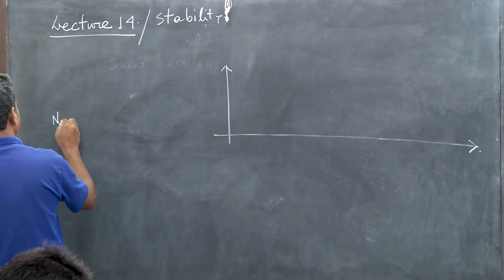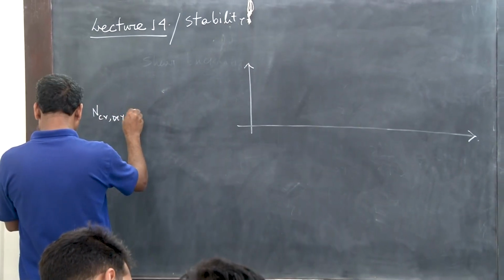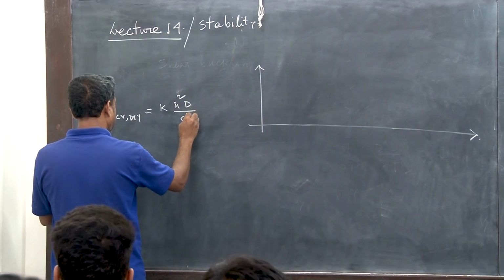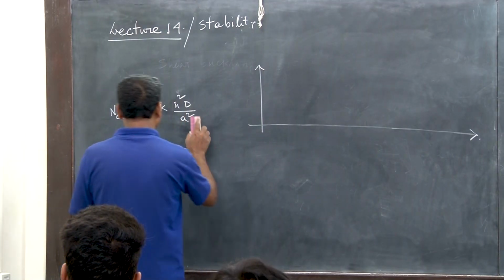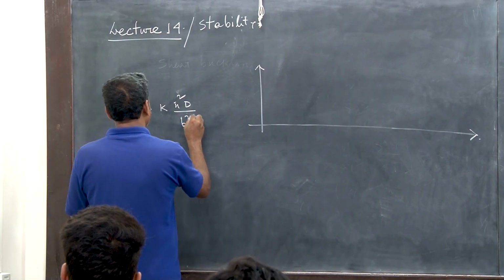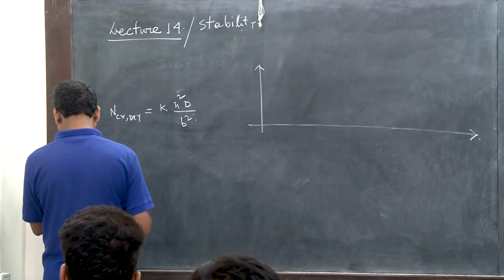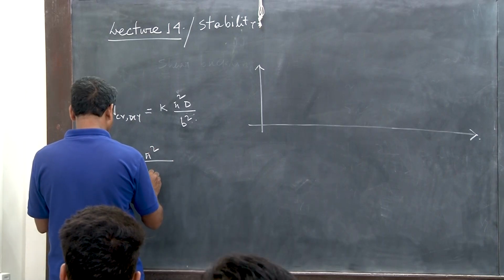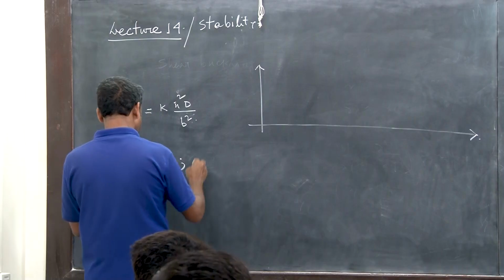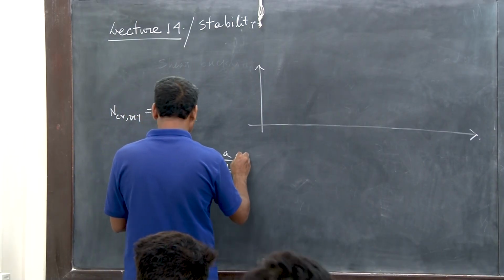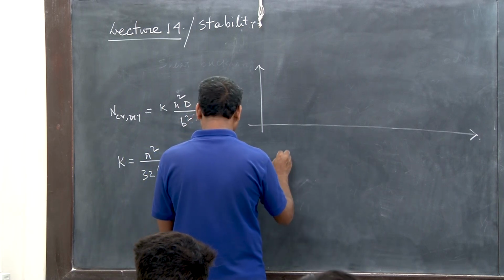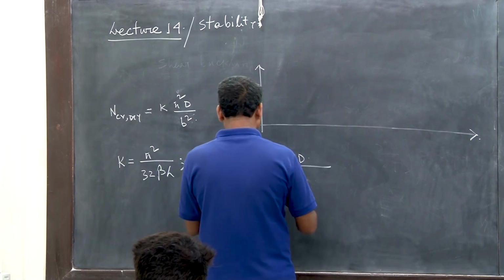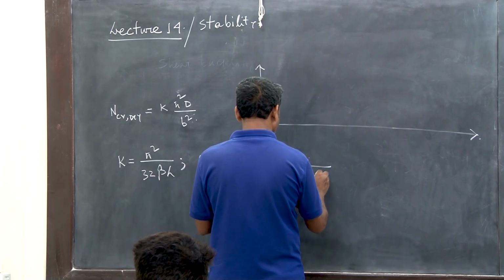So the critical Nxy is k pi square D upon b square, okay, and this k is nothing but pi square by 32 beta into lambda, where beta is the aspect ratio a by b, and lambda is, anyway.